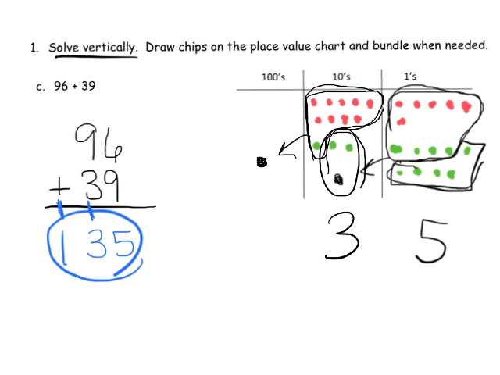And then our answer is 1 in the hundreds column, so 135. And now teachers and parents, you can hopefully connect this manipulative to the standard algorithm over here. The idea being, we don't want this standard algorithm to be just a mental thing that the students memorize without it making sense. We really want to connect it to the manipulatives.